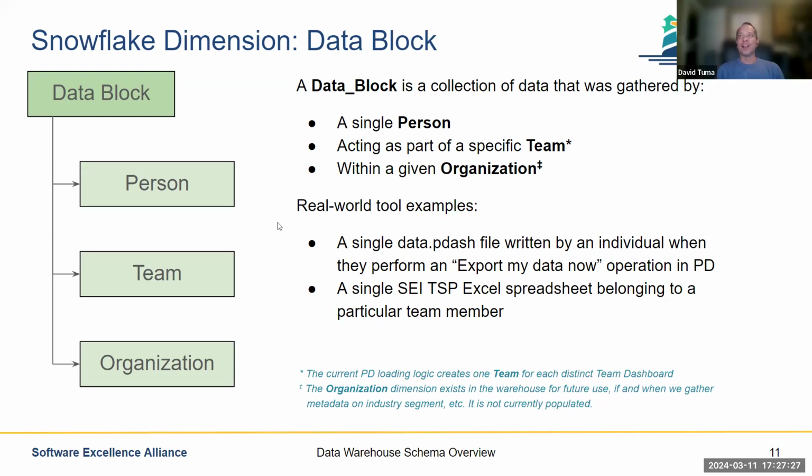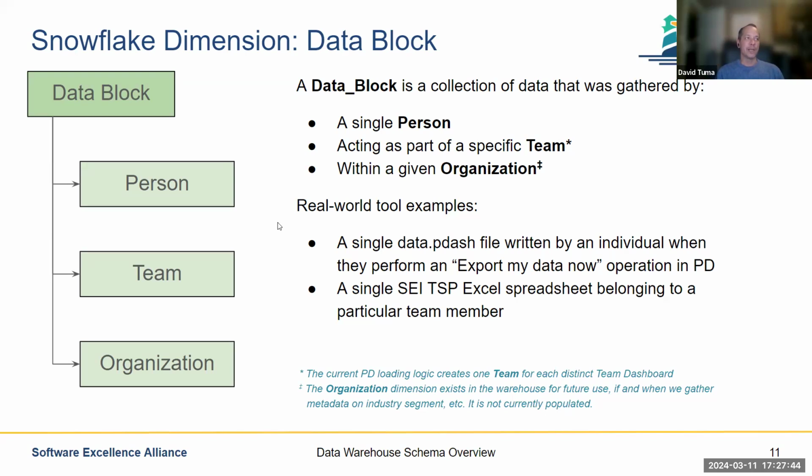Great question. When I built the warehouse originally, I knew that we would someday want to be able to keep track of different organizations that had, for example, submitted data.